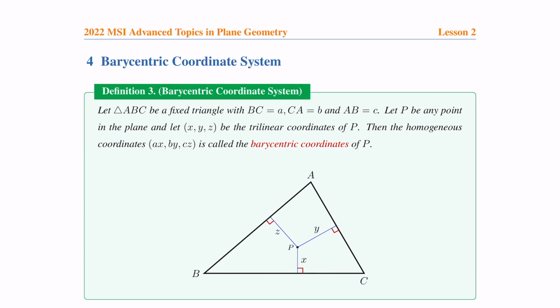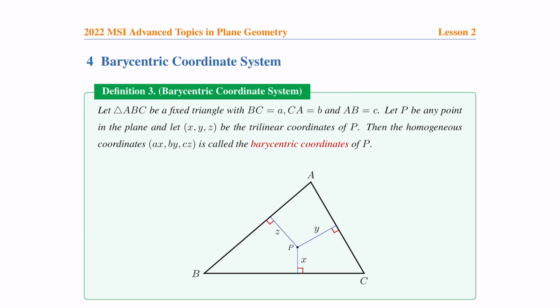Okay, so again, let's fix the triangle ABC. And this time, let's assume that the 3 sides of the triangle are BC equal to a, CA equal to b, and AB equal to c. So let P be any point in the plane, and let x, y, z be its trilinear coordinates.